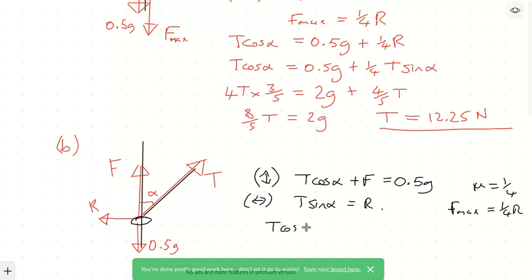T cos alpha plus a quarter r. Oh, but r is t sine alpha, so a quarter t sine alpha, equals 0.5 g. I hope you don't mind me doing that slightly quicker. Let's actually type in our cos alpha and sine alpha, probably easier like that.